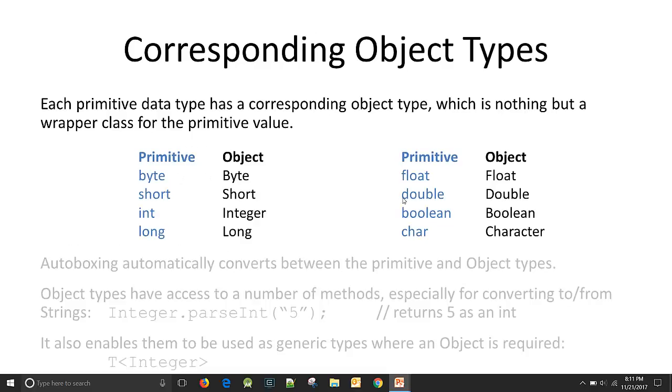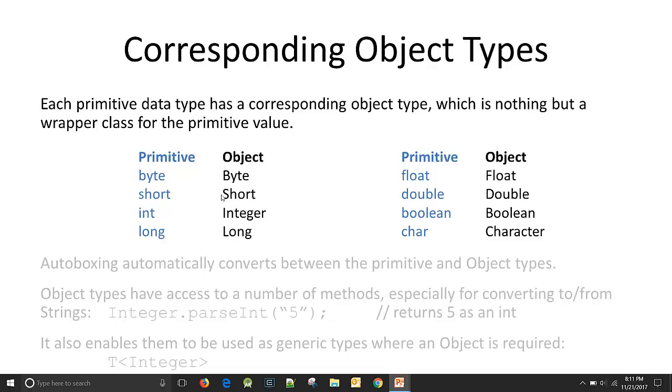So each primitive data type has a corresponding object or reference type in Java, which is nothing but a wrapper class for the primitive type. The primitive type uses a lowercase letter, but the object type in most cases is exactly the same word, just with an uppercase starting letter. So you can see byte corresponds to Byte, short corresponds to Short.